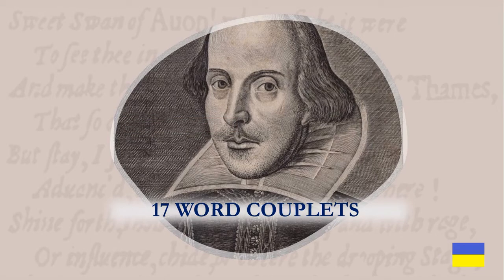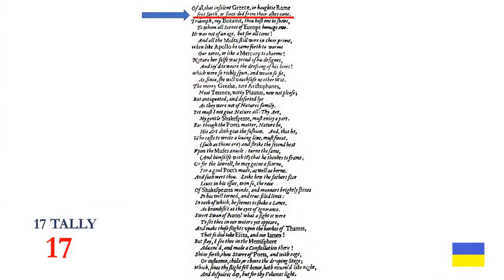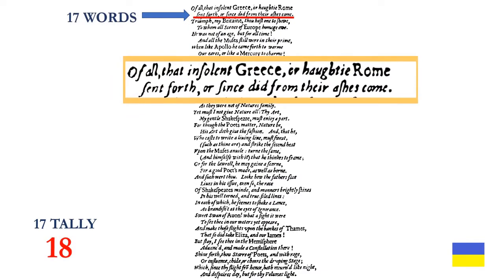Now we go on to 17-word couplets on page 2. Page 2 actually begins with a 17-word couplet. All that insolent Greece or haughty Rome sent forth, or since did from their ashes come.